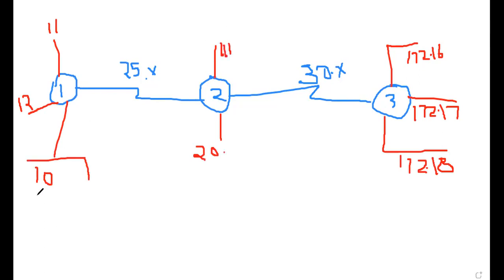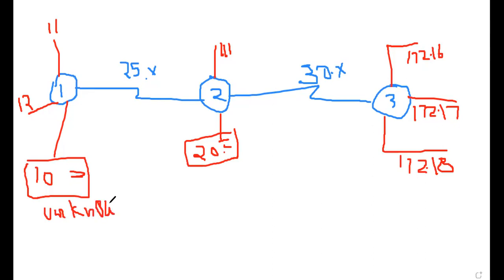The 10 and 20 is your switch network. So according to R1, or one router, your unknown networks, which are not directly connected to R1, are unknown networks.